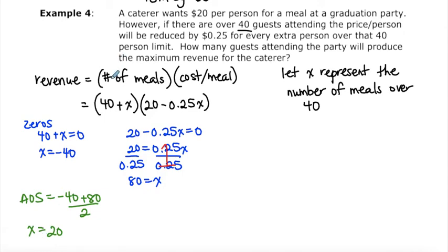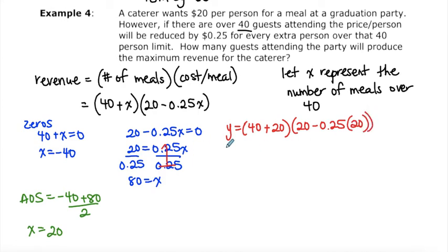So I can figure out what my maximum revenue would be. Let's do that by substituting the value of x back into my original equation. For now, let's call our revenue y. So y is equal to (40 plus 20), because that's my value for x, times (20 minus 0.25 times 20).